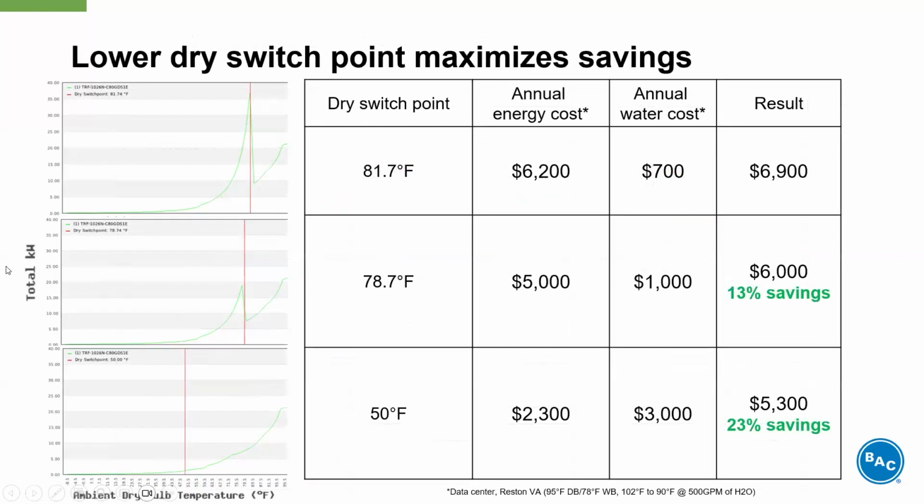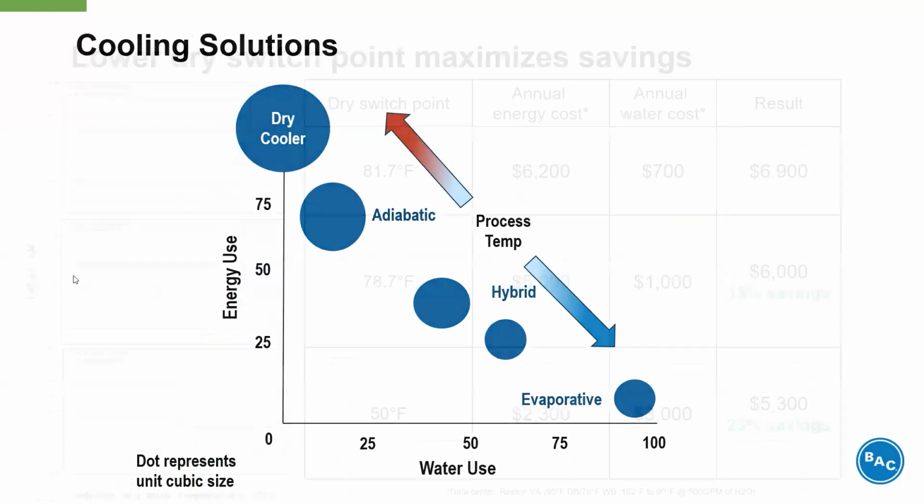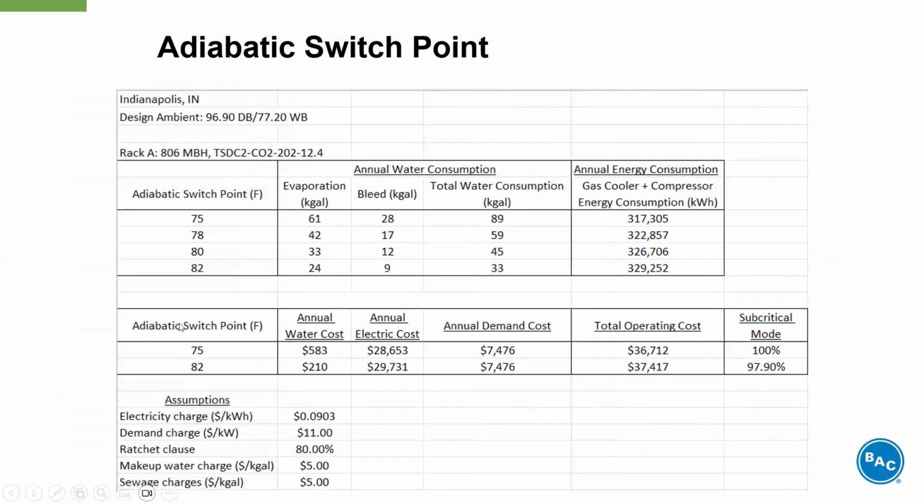If you look a little bit more closely at the two extremes, 75 switch point and 82 switch point, and put some dollar values on what the operational cost would be, we can see that even though with the 75 switch point we're using nearly 3 times as much water, from a dollars and cents standpoint, if you're just looking at your operational expenses, it's still better to use the water and save on the energy efficiency.